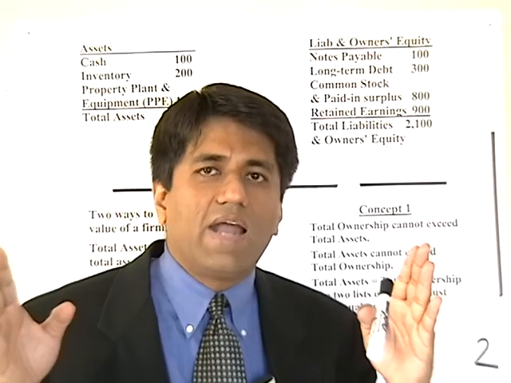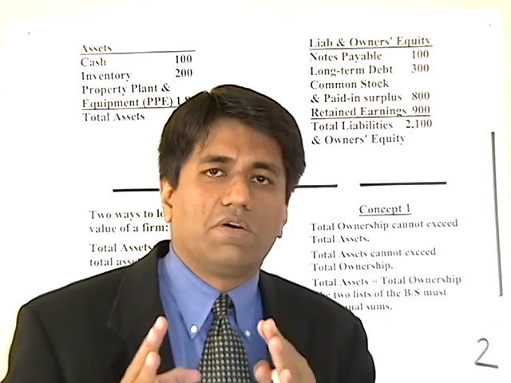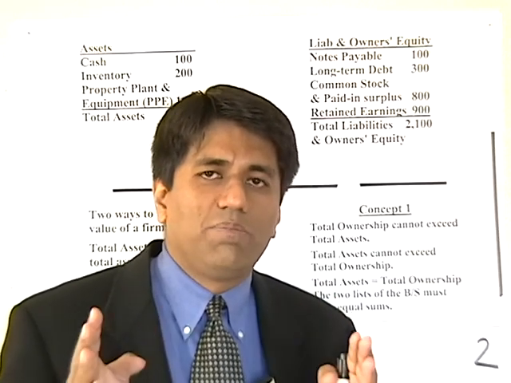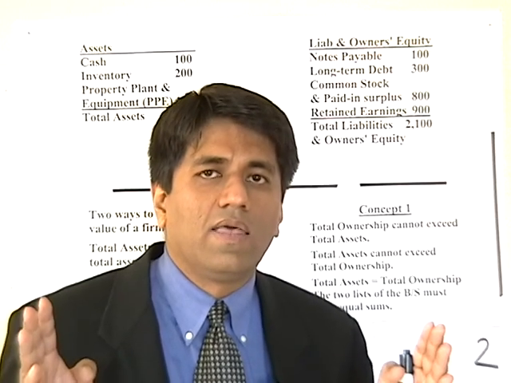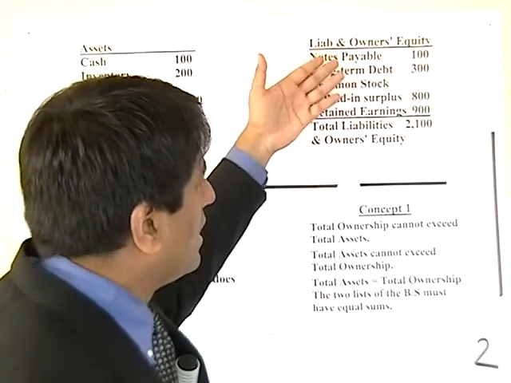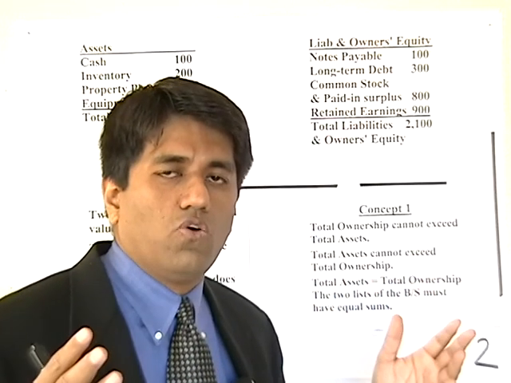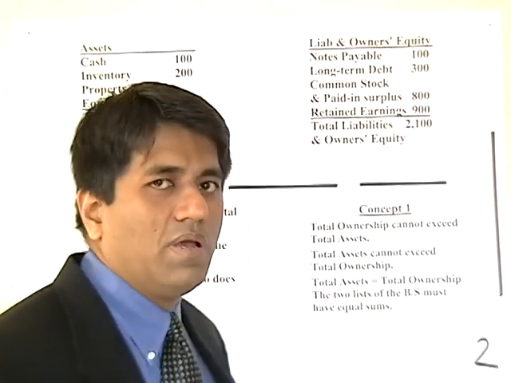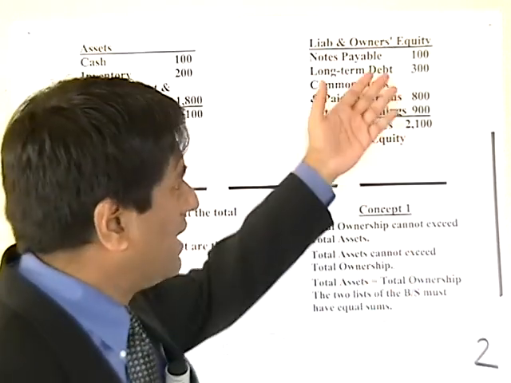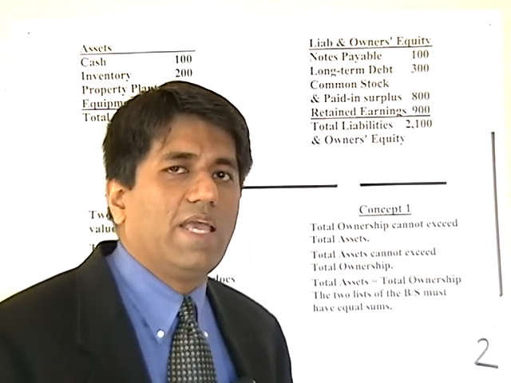But if you expand the definition and you think of owners of the firm as being all the people who have legal claims on the firm, then the right side becomes a list of those claims. It becomes a list of those owners. So think of the right side of the balance sheet as a list of owners of the firm, as all people who have legal claims on the firm.